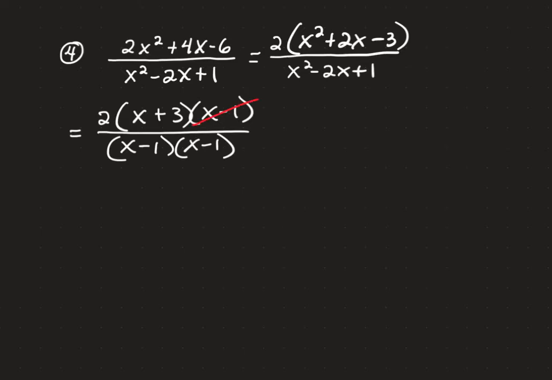We have a common factor in the numerator and the denominator. If we divide by those common factors, then we are left with 2 times x plus 3 over x minus 1. And that is as simplified as it gets.